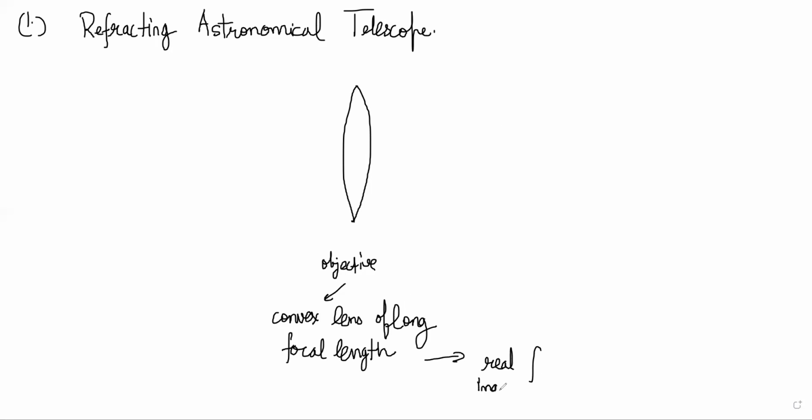Real image at focus. Why? Because all the rays will be coming from infinity, right? Because they are astronomical bodies, so the image will be found at the focus, for the convex lens, this objective lens, right?